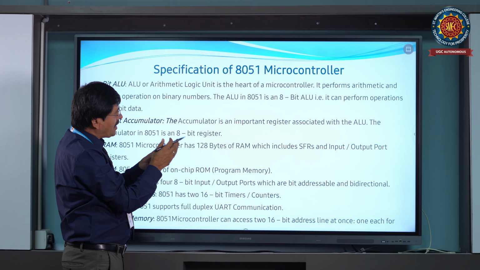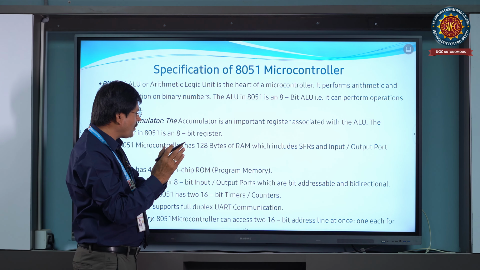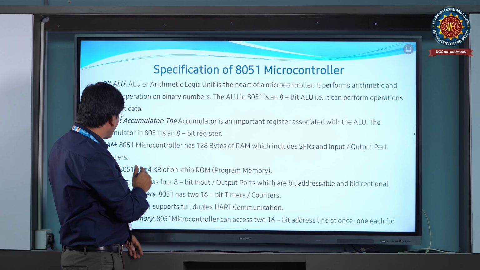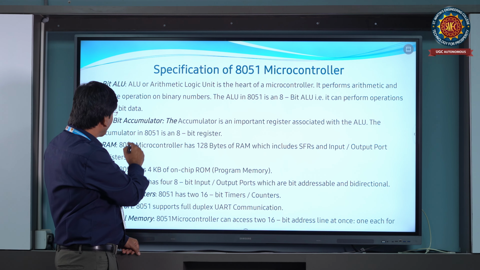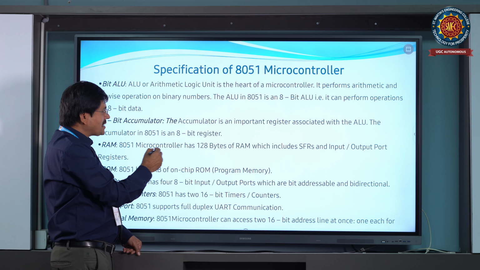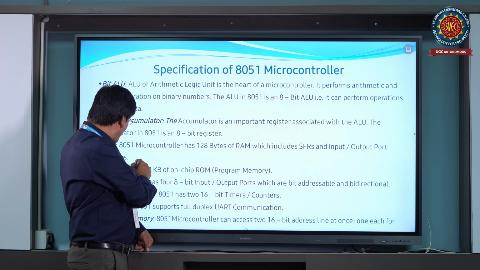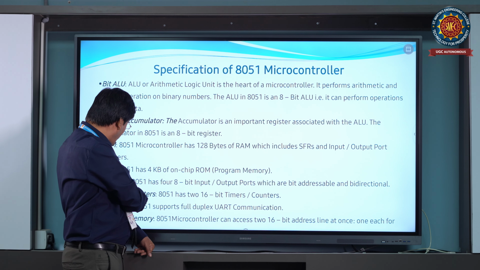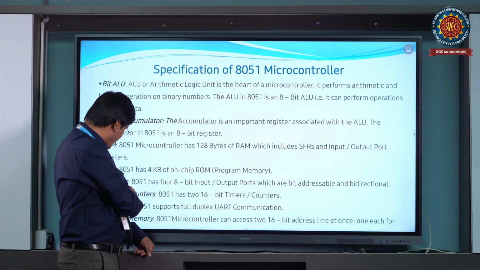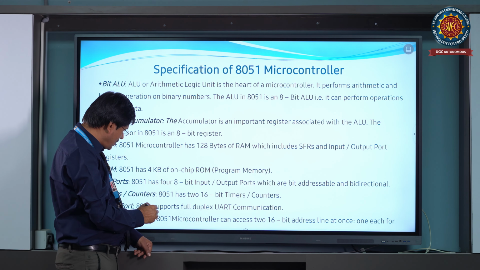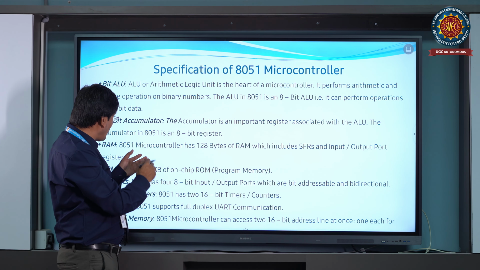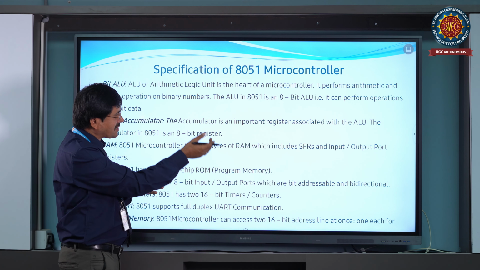It can access up to 64 kilobytes of memory, because it has 16 address lines. It consists of on-chip memory such as random access memory and read-only memory, input and output ports, timer circuitry, a serial communication port, and external memory. We will discuss all these devices in the next slide.